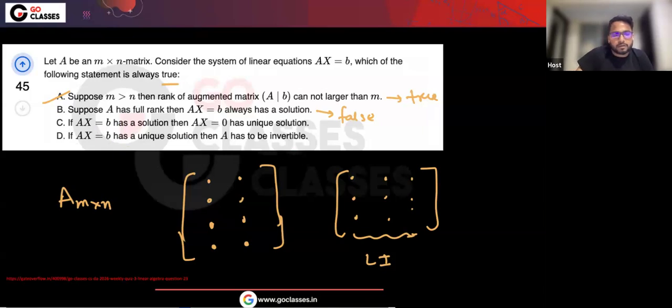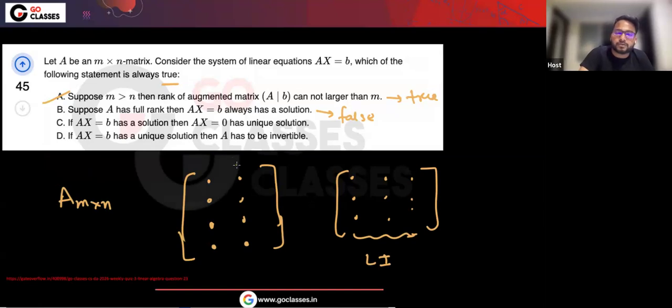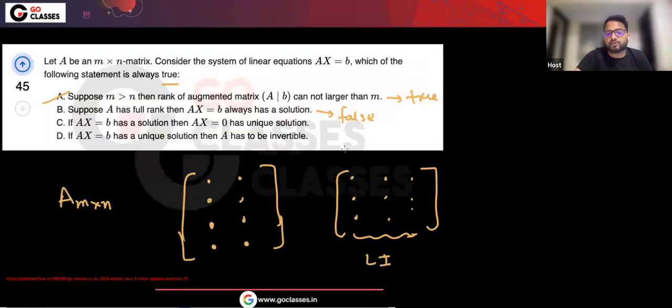So if AX equal to B has a solution, the solutions could be infinite, or could be just a unique solution also. They're not specifying whether it is infinite or unique. So if AX equal to B has a unique solution, then it means linearly independent. Then in that case, AX equal to 0 also has a unique solution.